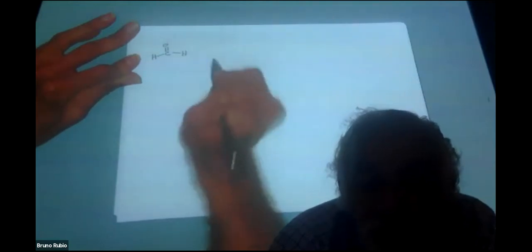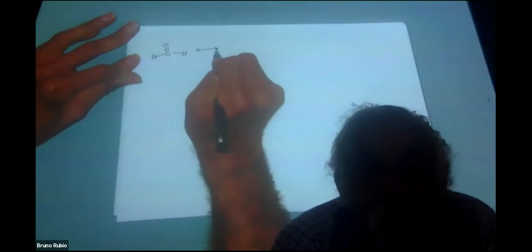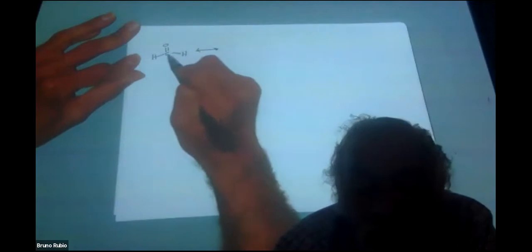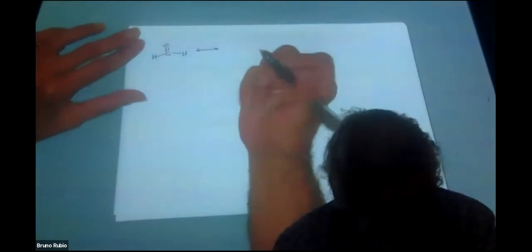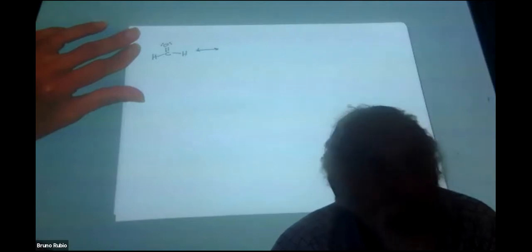So we have the carbon oxygen double bond, and we want to write a resonance structure for that. What I see is I'm moving unshared electron pairs, and I'm also moving single bonds that belong to multiple bond systems. So even though I never have to write an unshared pair of electrons, I'll go ahead and write the unshared pairs on this oxygen.